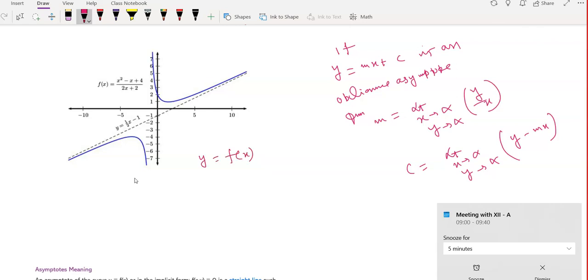The perpendicular distance of the curve from a point P(x, y) on the line is given by p equal to what? It is y minus mx minus c, divided by root over 1 plus m square.